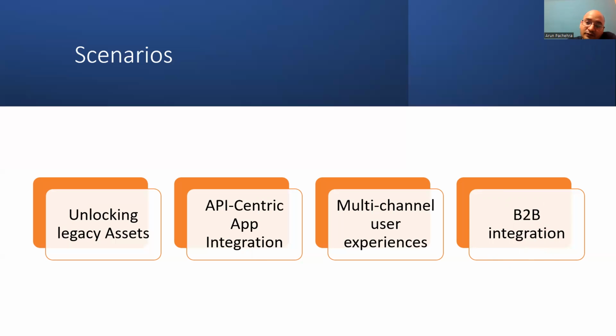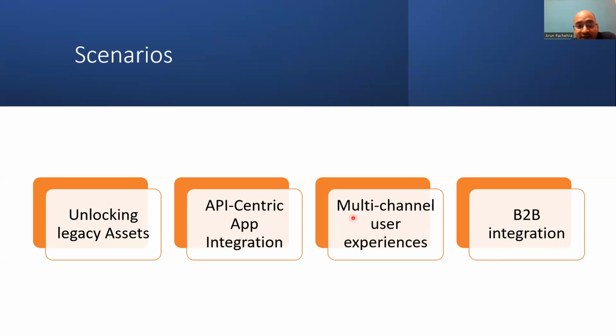APIs are the primary tools for scaling B2B integration. So these are a few scenarios that we saw where APIs could integrate and make things better and more cost efficient. So let's quickly check the components of API management.